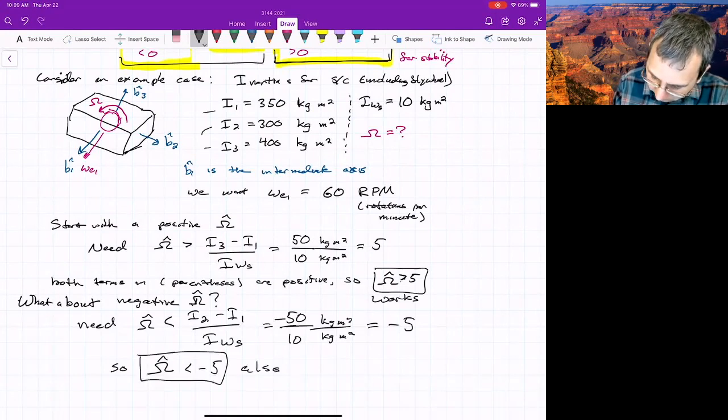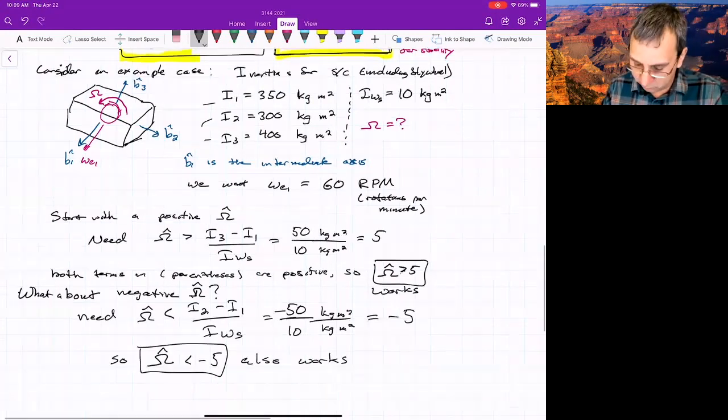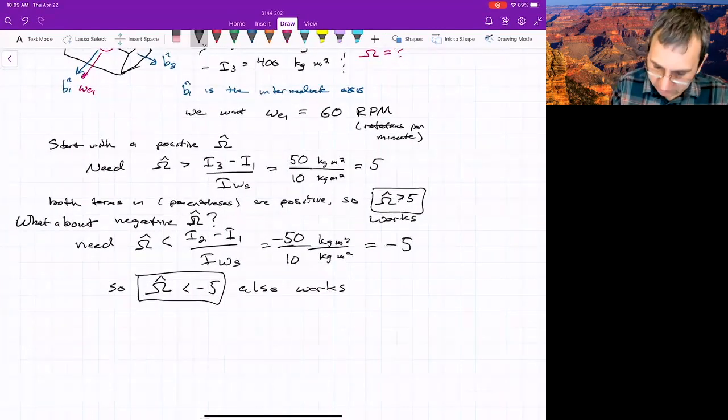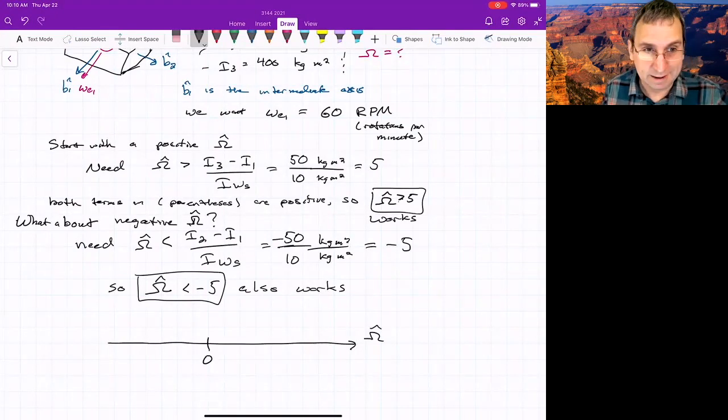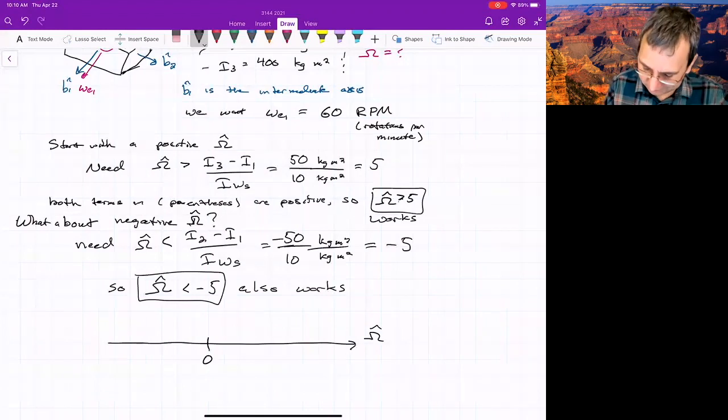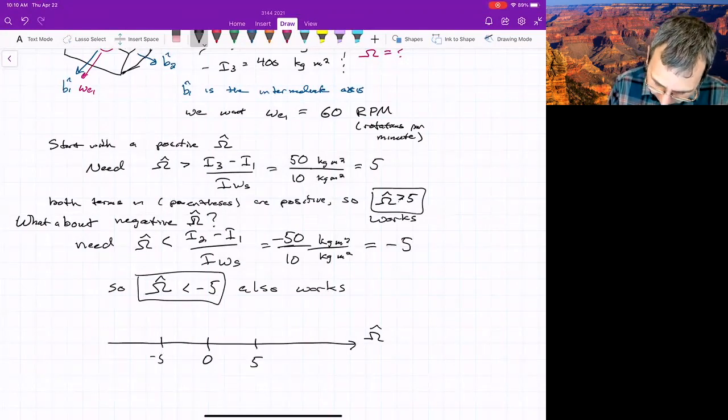So this also works. Okay, if we were to summarize, we could summarize this in a plot just showing what omega hat is. There's 0, and we know 0 doesn't work. That makes things fall apart. Here's a 5, and then here's -5. I could color, blue's nice. How about blue means good.